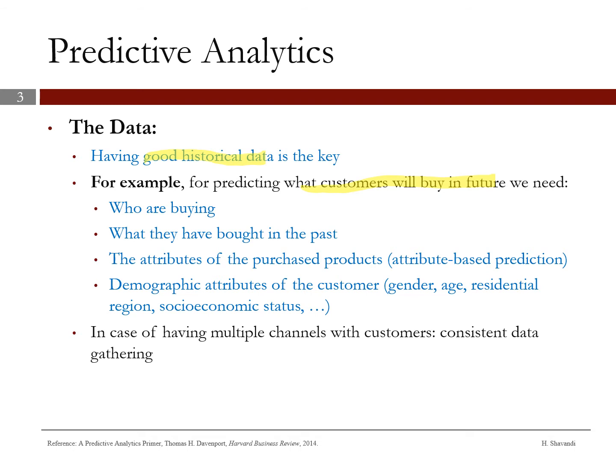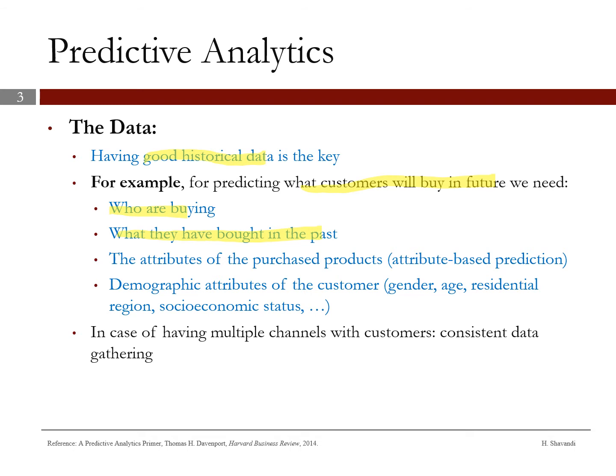In order to answer this question, we need to have this data. Who are buying? Here we mean we have segmented our customers. So what segment is our focus now? And what they have bought in the past. So the past behavior, the past purchases, is the key data here.